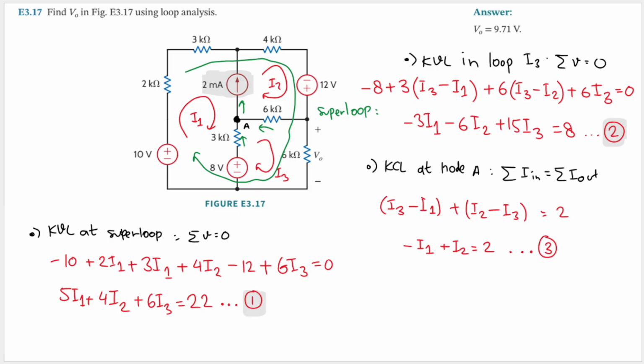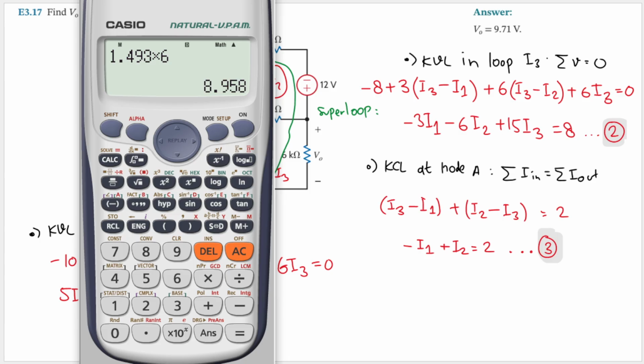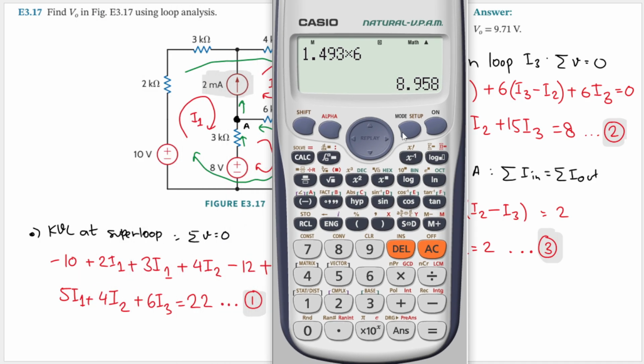So we have completed 3 equations with 3 variables. We should be able to solve that using a calculator. Let's set our calculator to equation solver, which is number 5, and 3 variables is number 2. Then we enter 5, 4, 6, and 22.